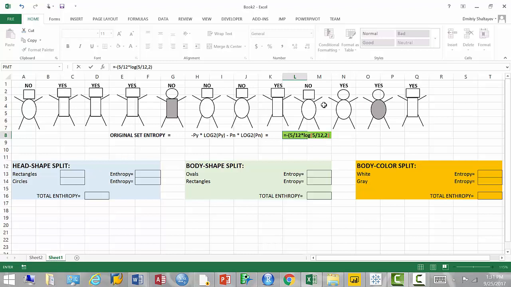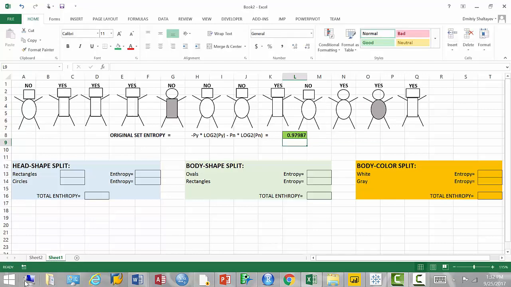So that's my first proportion times the log of proportion. And then plus, yeses are 7 out of 12, the other part of my set. That's the proportion of yeses. Multiply that by log of 7 out of 12 base 2. Kaboom. Here is my entropy.